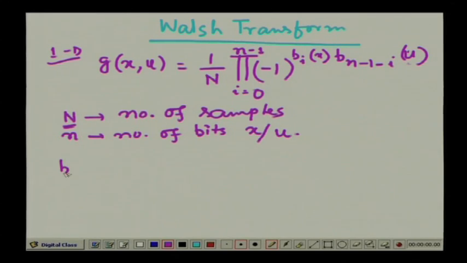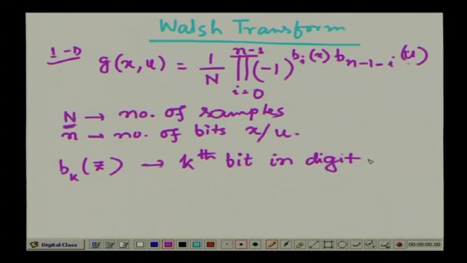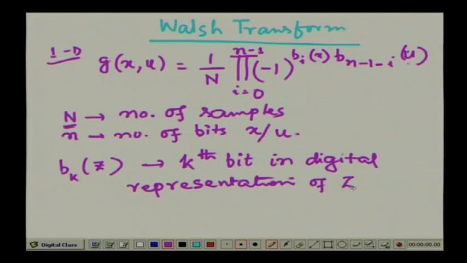The convention is that b_k(z) represents the kth bit in the digital or binary representation of z.